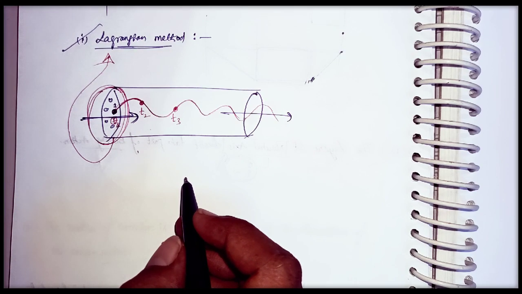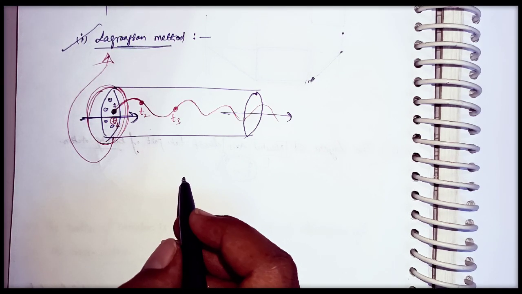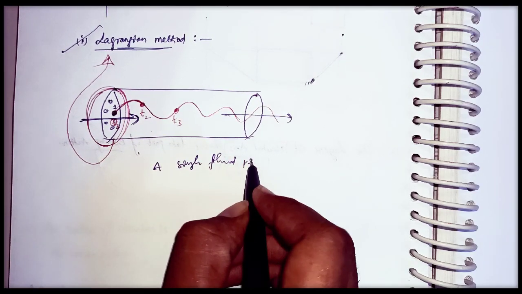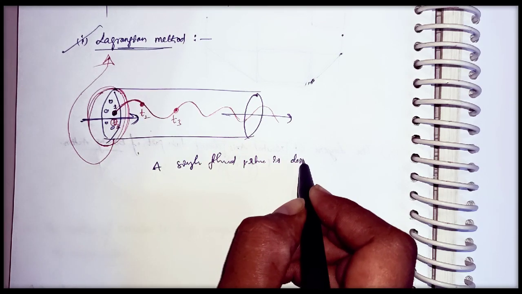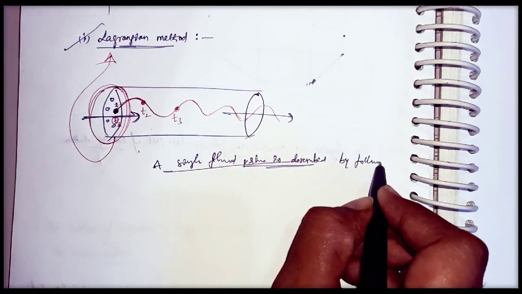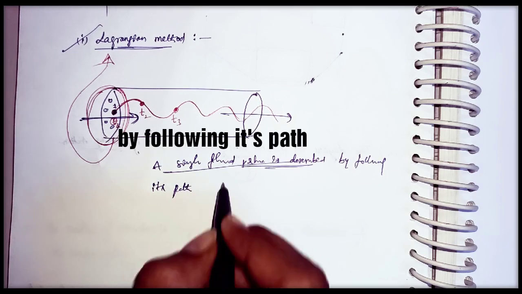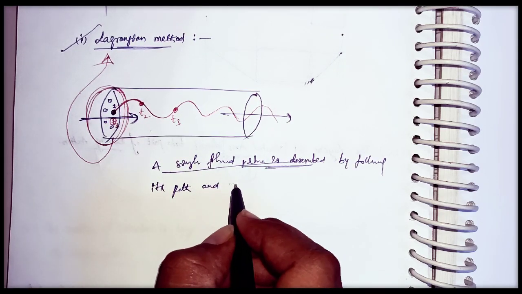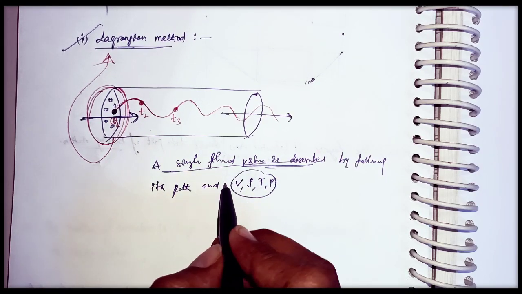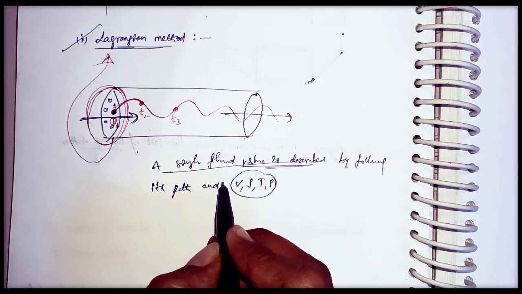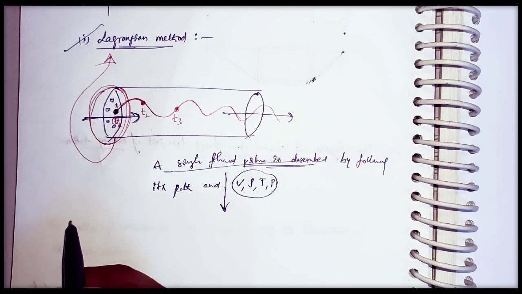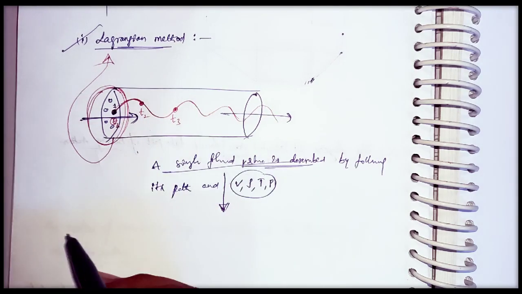That is, in the Lagrangian method, a single fluid particle is described by following its path, and the description covers the velocity, density, temperature, and pressure. After describing a single fluid particle, we apply the same analysis to all the fluid particles flowing in the direction. This is what the Lagrangian method says.